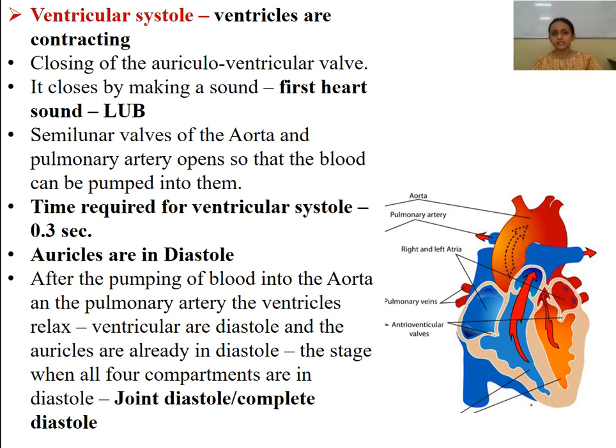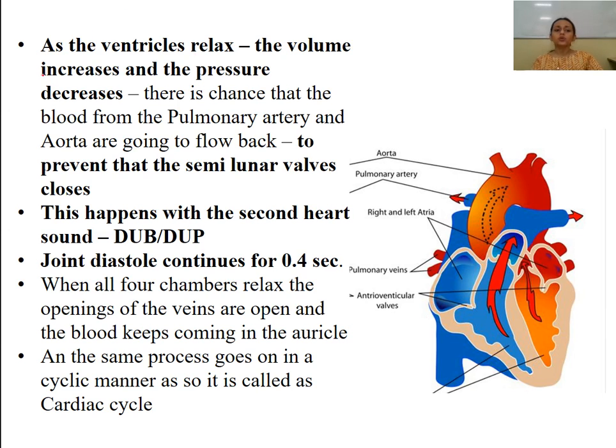Now let us see what happens next. The ventricles are in a relaxed position, which means the volume of the compartment increases, and as the volume increases, the pressure decreases. When we speak about joint diastole, everything is in diastole, everything is relaxed, and nothing is contracted.